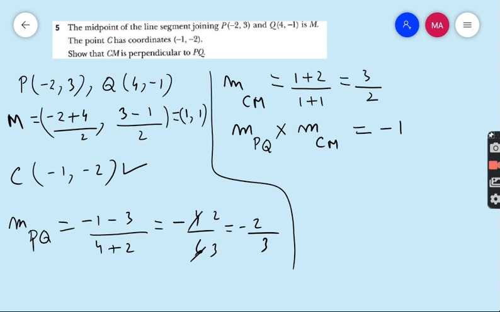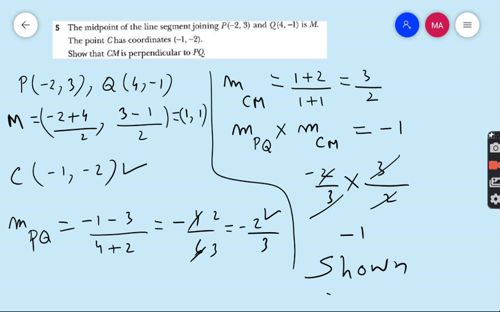What is the gradient of PQ? -2 upon 3. And the gradient of CM is 3 upon 2. 3 cancel by 3, 2 cancel by 2, -1. Yes, both are perpendicular. We have proved.